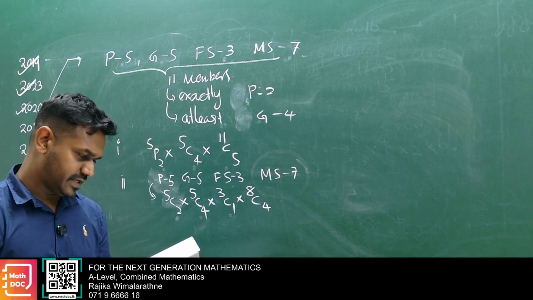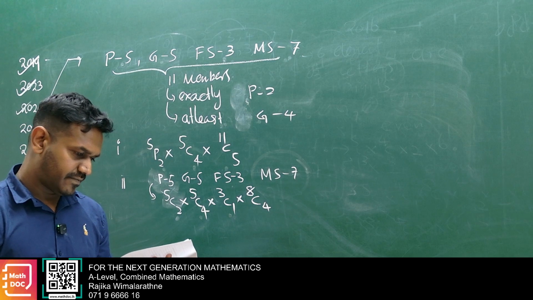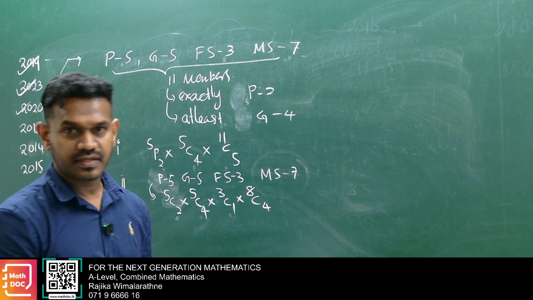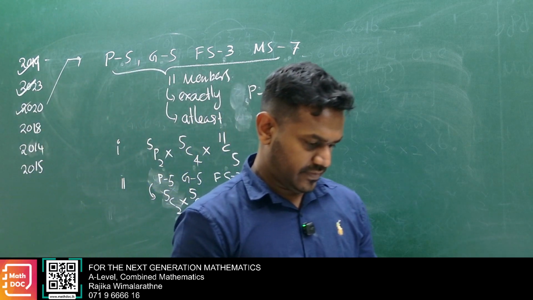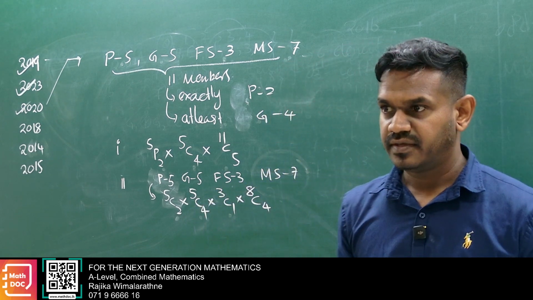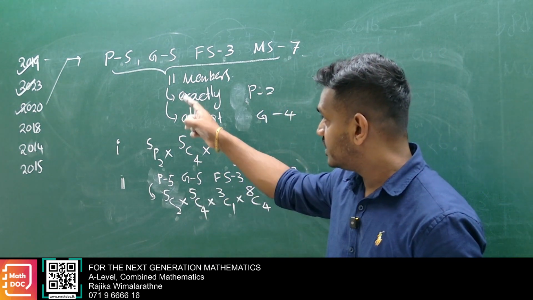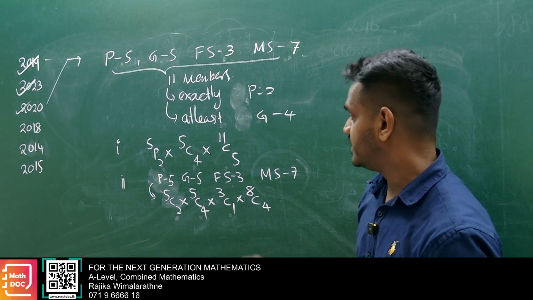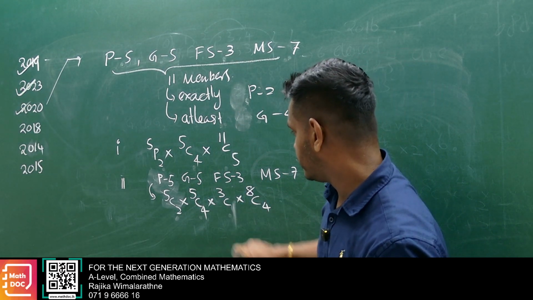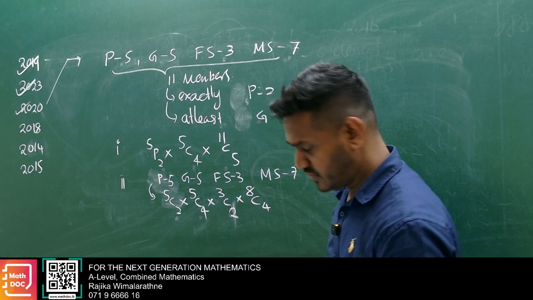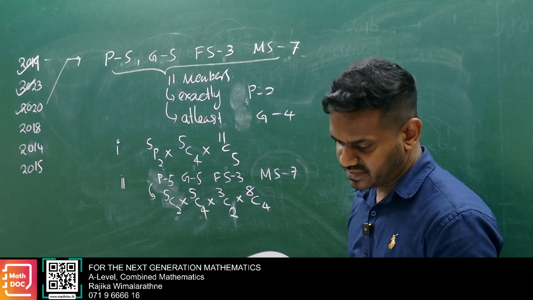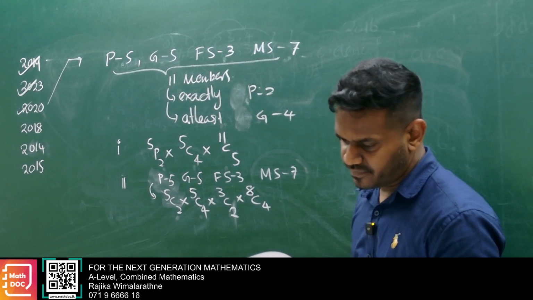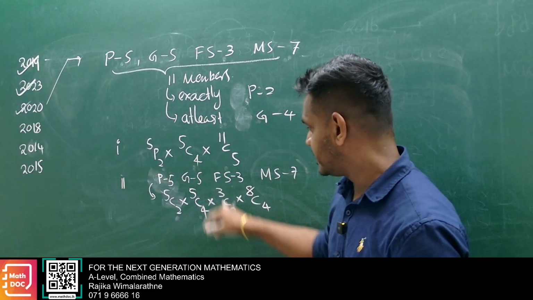Do you have any other combination? No, that's it. Exactly 2 pianists must be selected, at least 4 guitarists must be selected, and 2 female singers must be selected, 3C2.